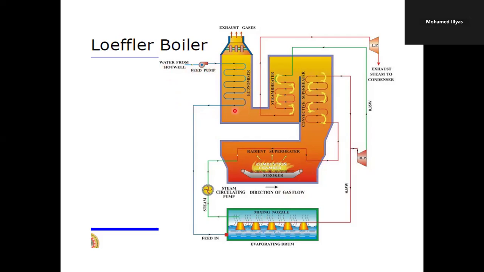So it will be preheated and it is supplied to the evaporating drum. On the other side, from the superheated steam produced in the superheater, part of the steam is taken and supplied to the evaporating drum. Through the mixing nozzles, it will be sprayed so that the heat energy available in the superheated steam is utilized to heat the water.